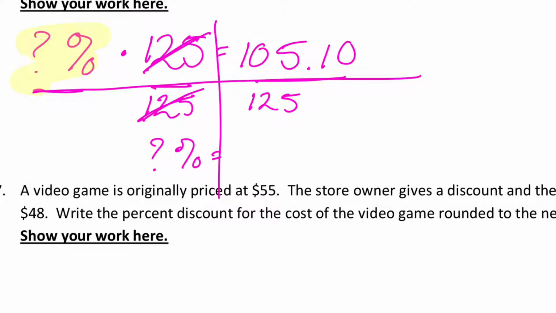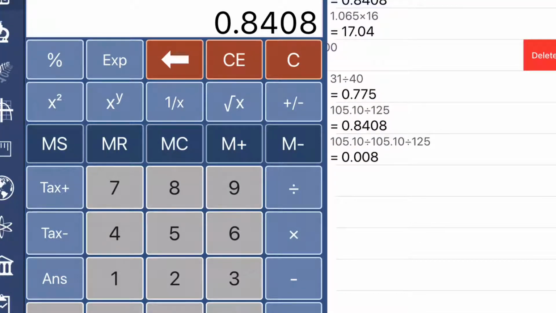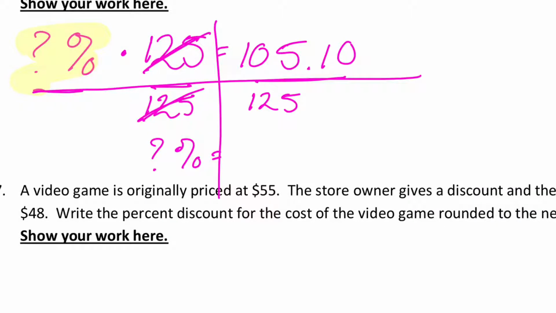I'm going to jump out to my calculator again. 105.10 divided by 125 comes out to be 0.8408. And we are going to round, because we're looking for a percent, let's just round to the hundredths place. This would round to 84%.